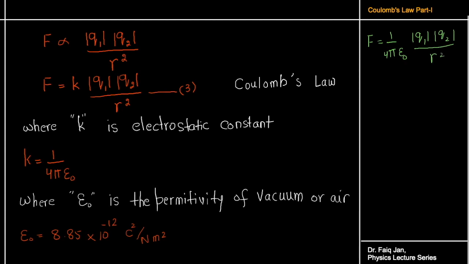So from here epsilon naught can be written as 1 over 4 pi, |Q1| |Q2| divided by F into r squared, and if we plug in the units of Q1, Q2, F and r squared, it turns out to be Coulomb square per Newton meter square. So this is the unit of permittivity of vacuum or air.